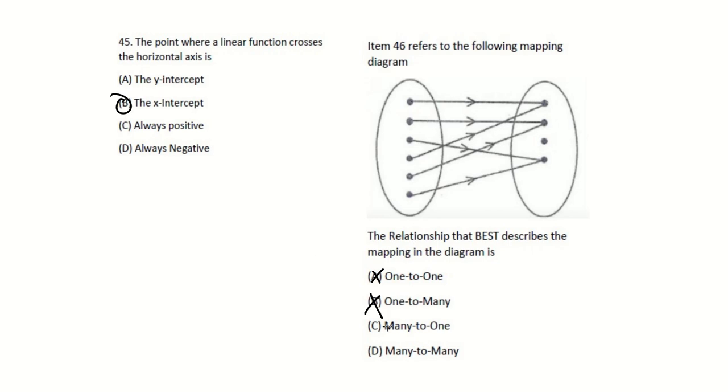That is not the case. Is it many of these values going to 1? Let's just check. Yes. So the answer would be C. Many of these values going to one of these.